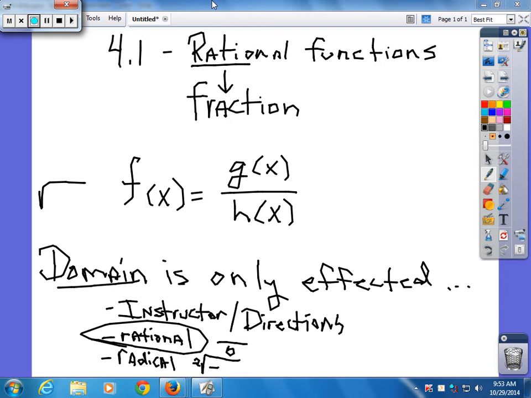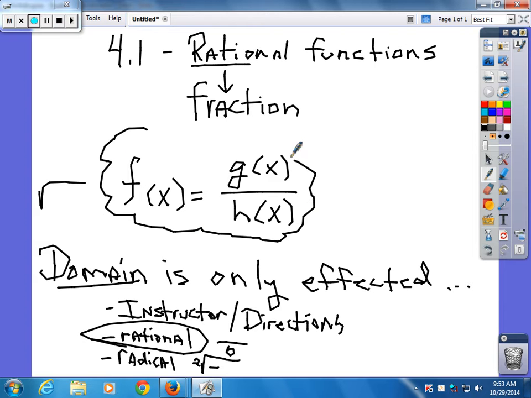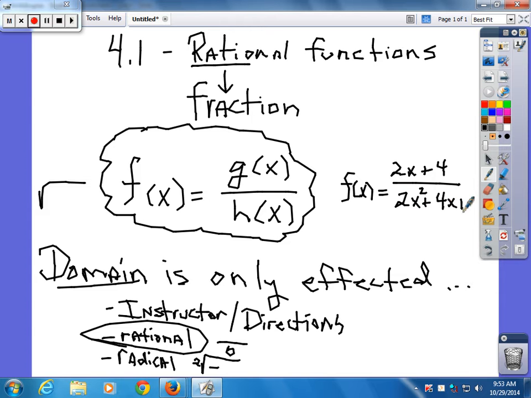All right. So rational functions are basically complex fractions, and they're going to follow this form. An example would be f of x is equal to 2x plus 4 over 2x squared plus 4x plus 4. That would be a rational function.